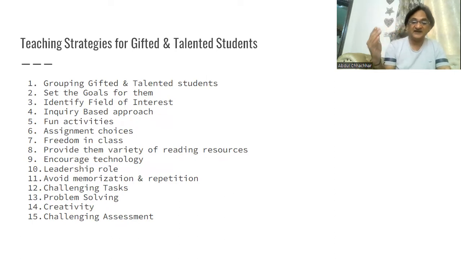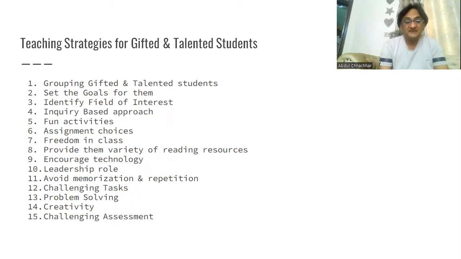Once you recognize that students have reading and writing skills, accommodate them with various reading materials. Encourage technology, let them use technology, because if you ask them to bring books and all these things, while things are available online, you have to make sure that your students are encouraged to use technology.